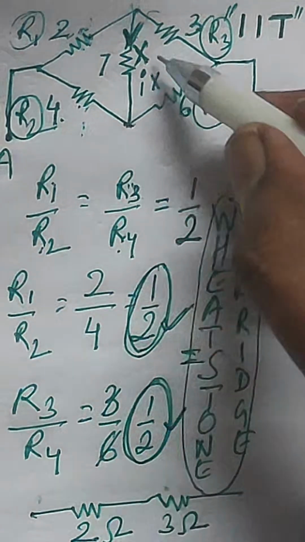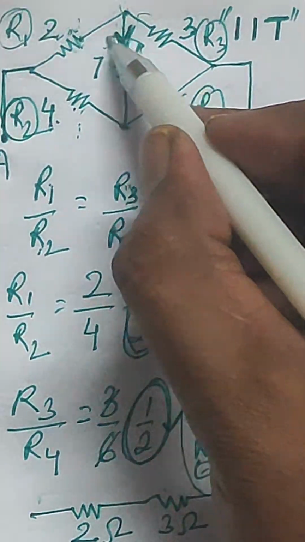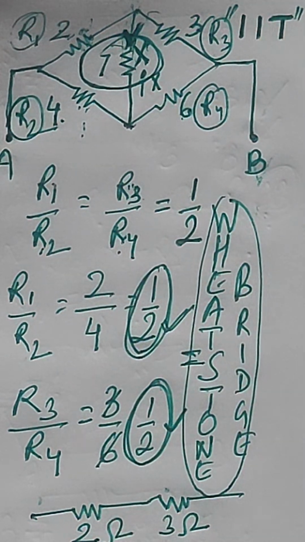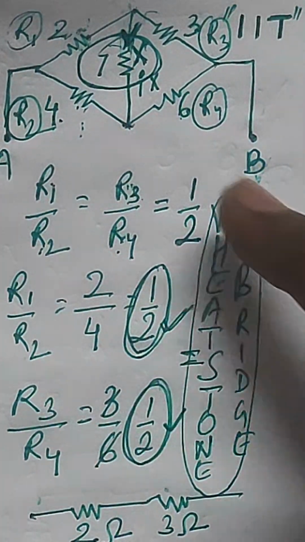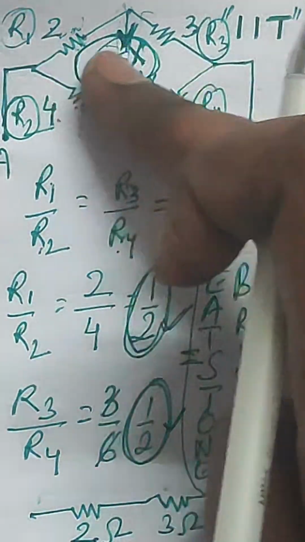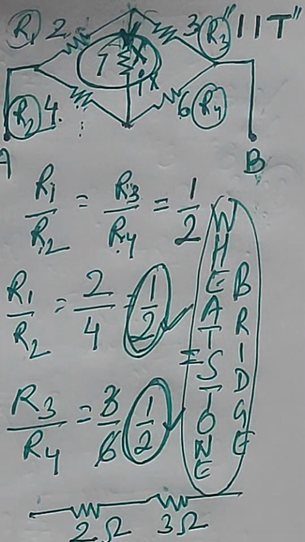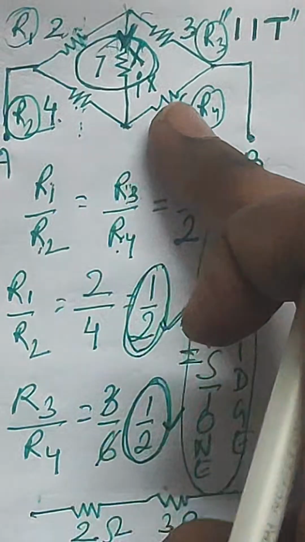And this 7 ohm will not be considered because no current is flowing through it. Just use the concept of Wheatstone, which we have already deduced. And 2 and 3 will be connected in parallel with this 4 and 6. So that's why this 2 and 3 will be parallelly connected with this 4 and 6.